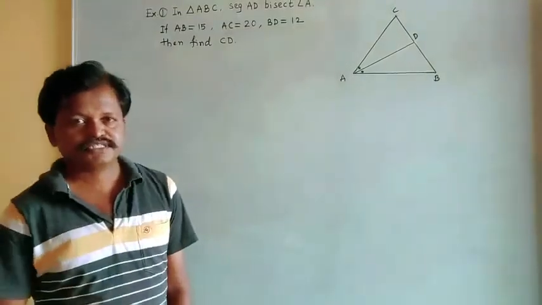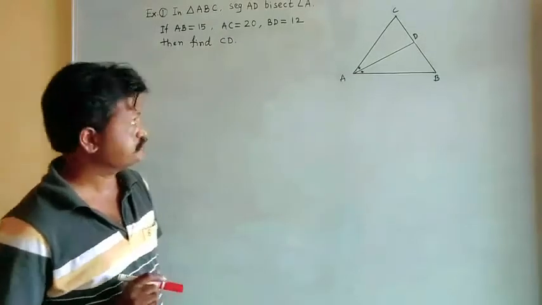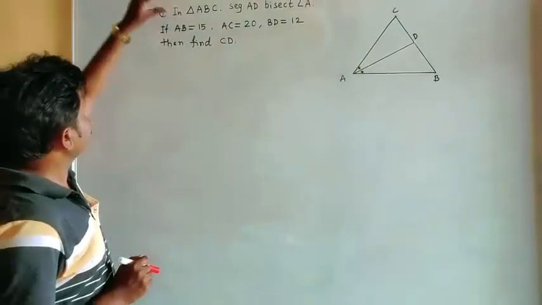So we see the first example on the angle bisector property. Example 1.